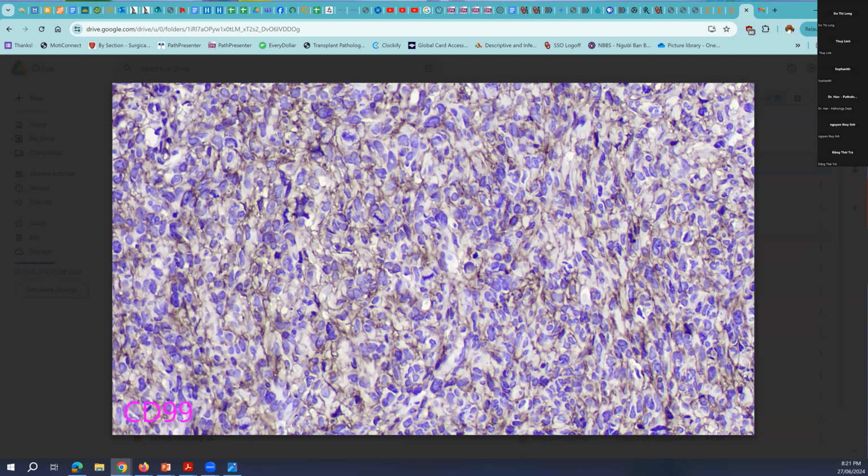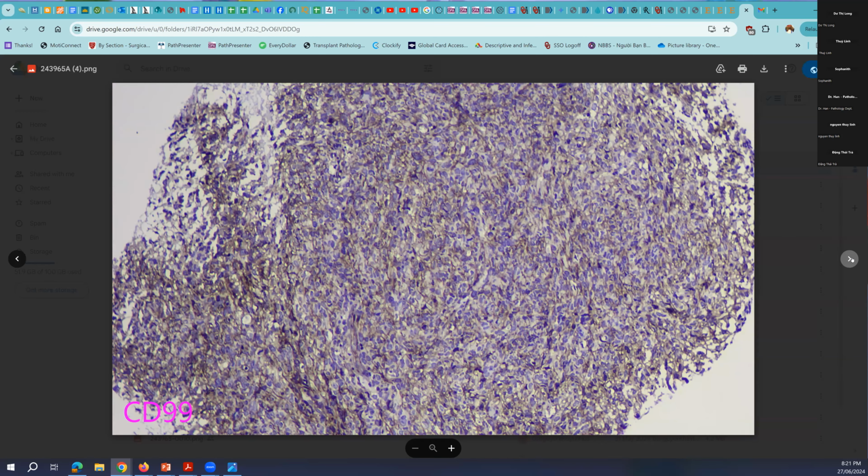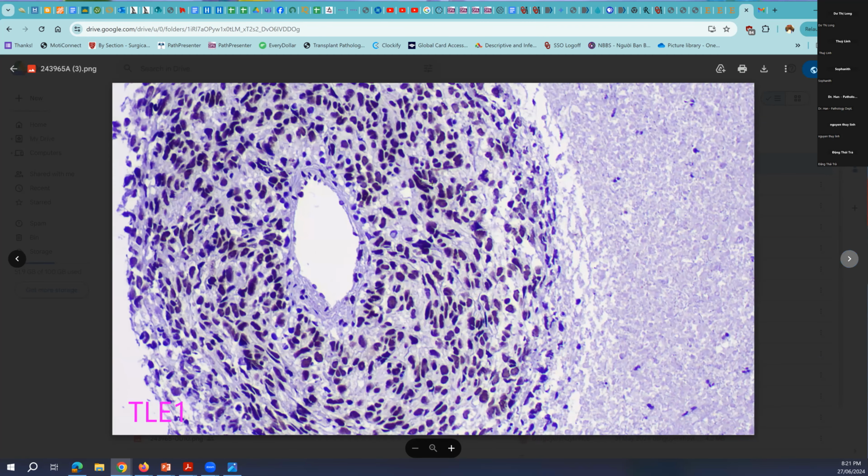Here we see mitotic figures. They're not atypical mitoses. And here's a little stronger staining with the CD99. Then you also did TLE1. I think you were considering sarcomas like synovial sarcoma and so forth.